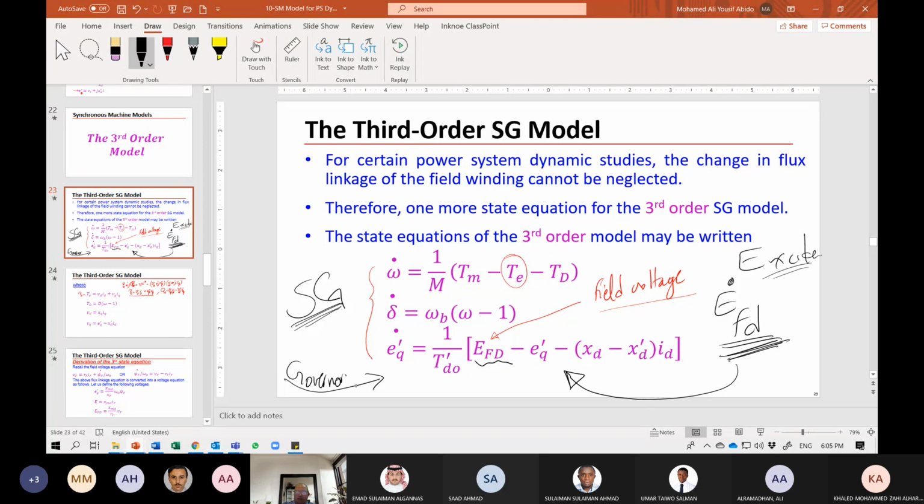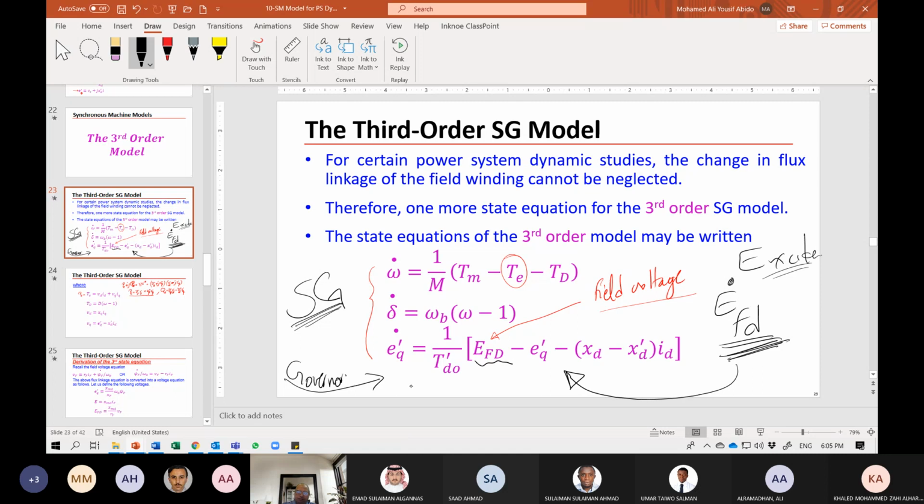What about the governor? What do you think, Shabab? What will this equation be? Which variable here, which we consider as a constant as of now, will be governed by a differential equation in this case?